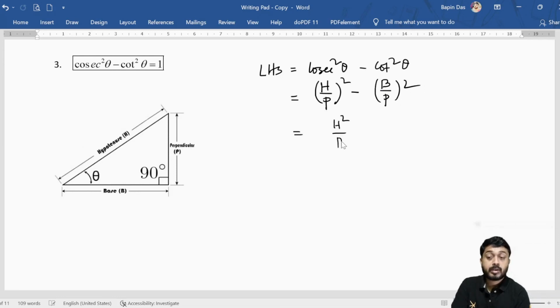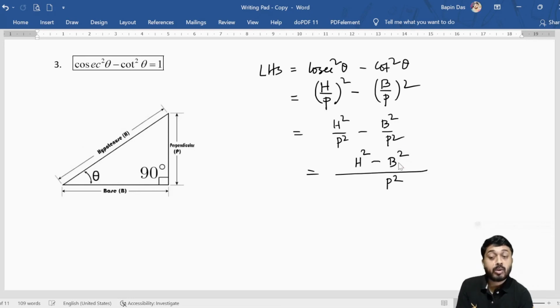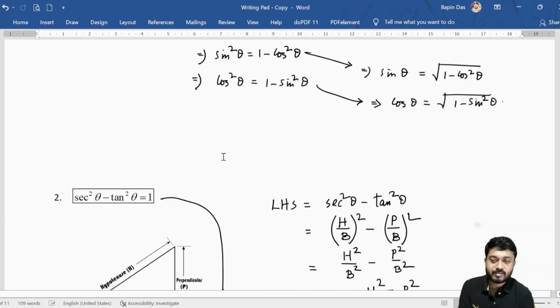So h square by p square minus b square by p square. p square is coming as the LCM in the denominator, and in the numerator is coming h square minus b square. What was h square minus b square equal to as per Pythagoras theorem? That is equal to p square. Have a look.